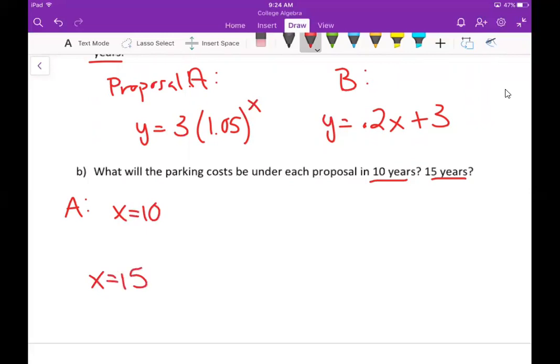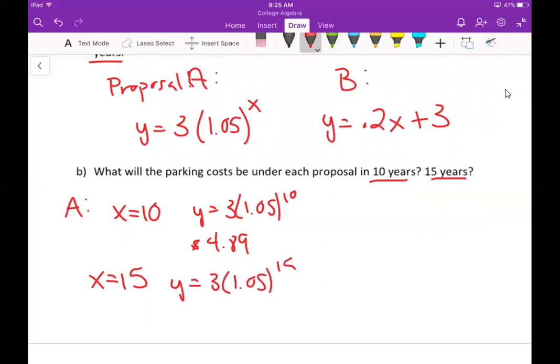So for proposal A, we'll take $3 times 1.05 to the 10th power. After 10 years, if we continued with this proposal, the cost to park will be $4.89 a day. After 15 years, we'll take 1.05 to the 15th power, and we'll see that it'll cost $6.23 after 15 years.